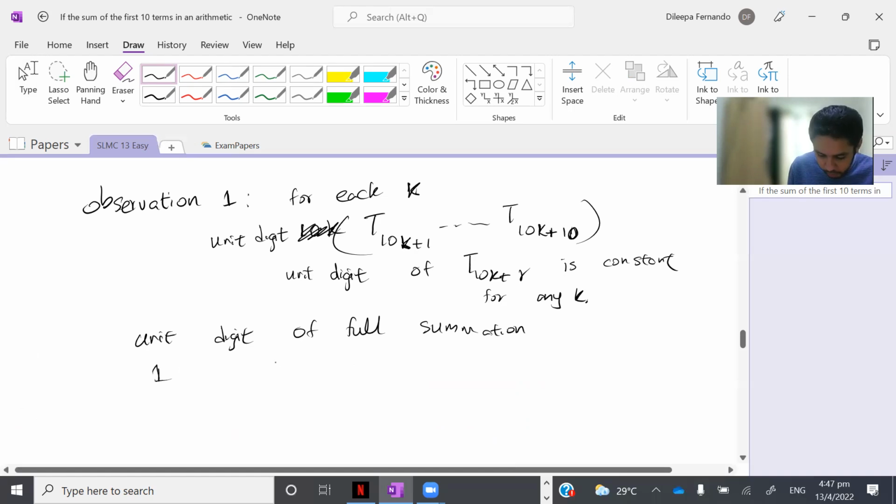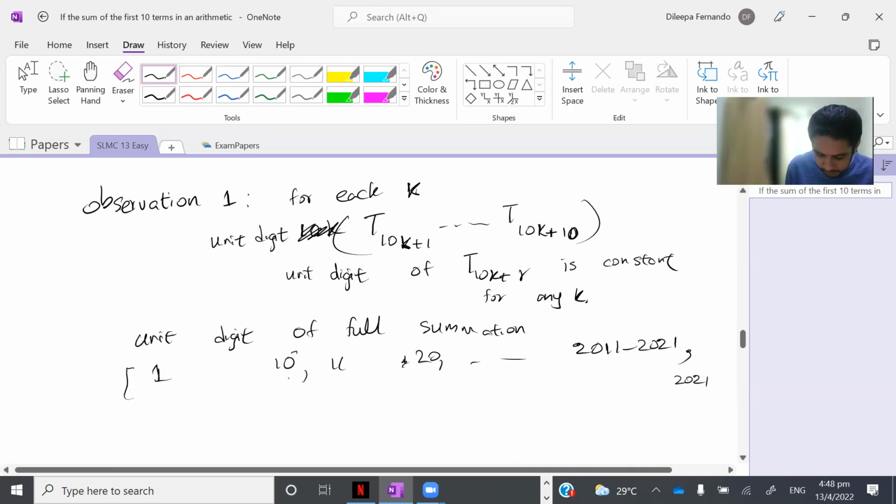You have 1 to 10, 11 to 20, and finally 2011 to 2020, and finally you have 2021.